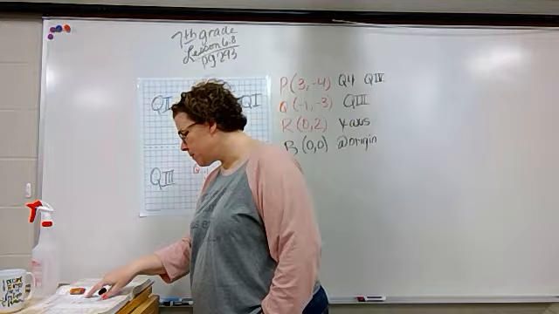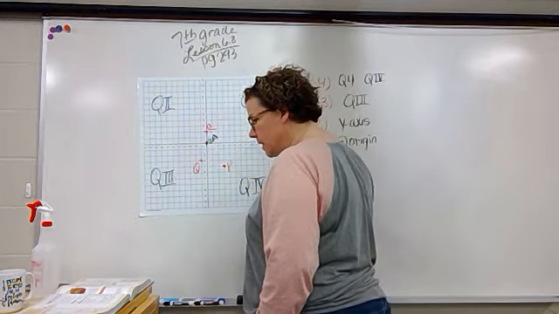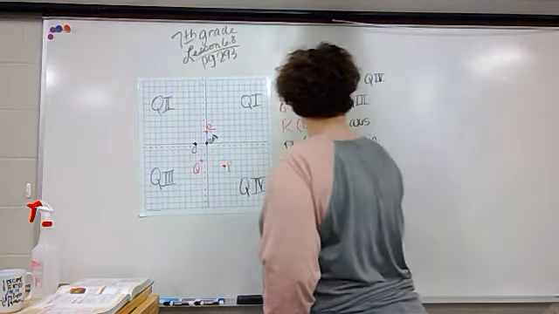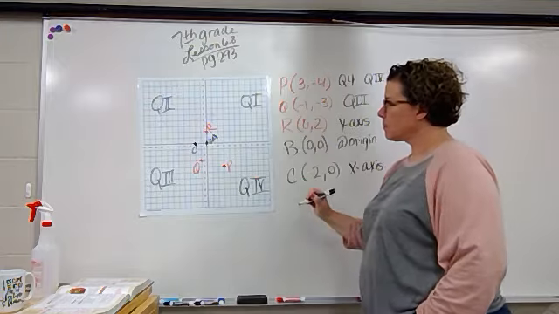Let's do C is -2, 0. So I'm going to go back 2, but then I don't move up or down at all in my Y. So this is point C, and its location is on the x-axis. Okay?